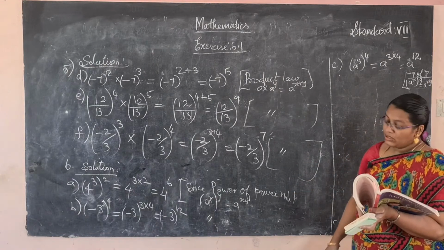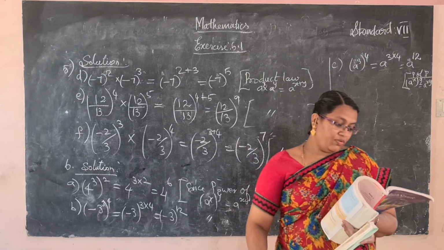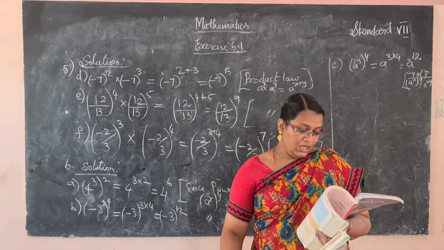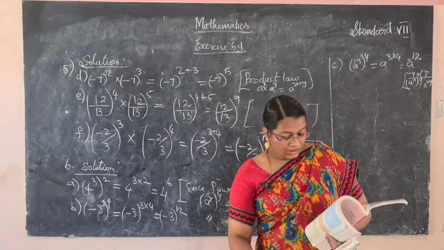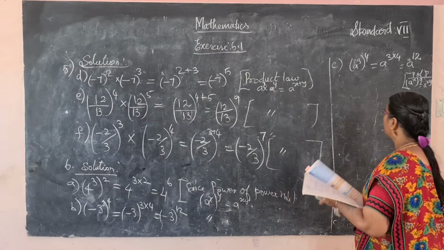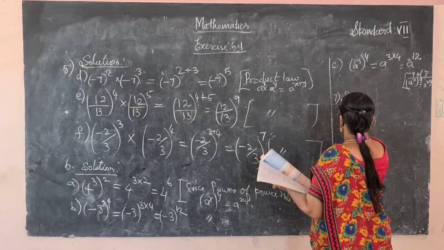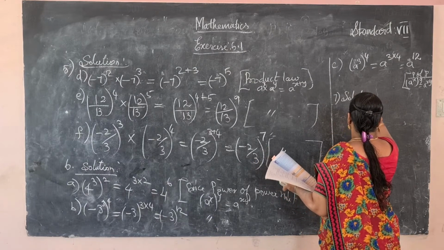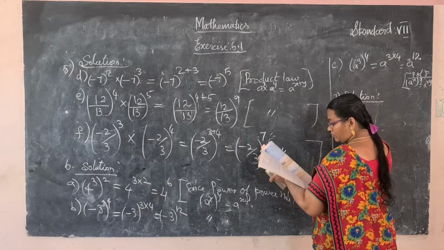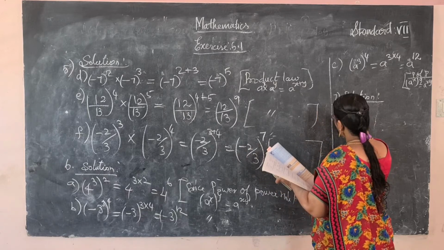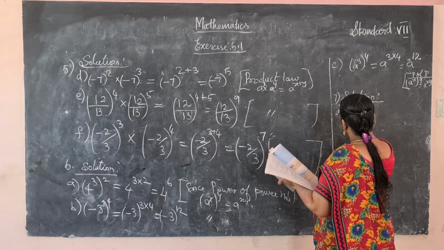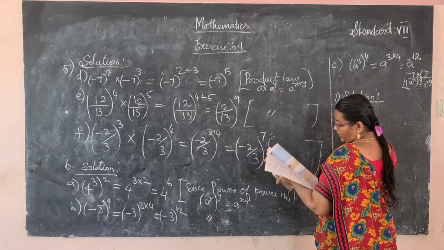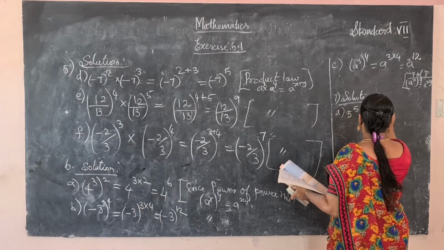And next one, seventh problem. Express the following into exponential notation using a single exponent. Here also we are using a single exponent. So first one, 5 power 5 into 1 power 5.